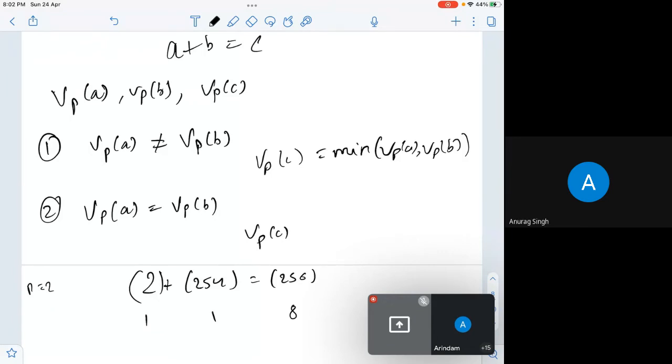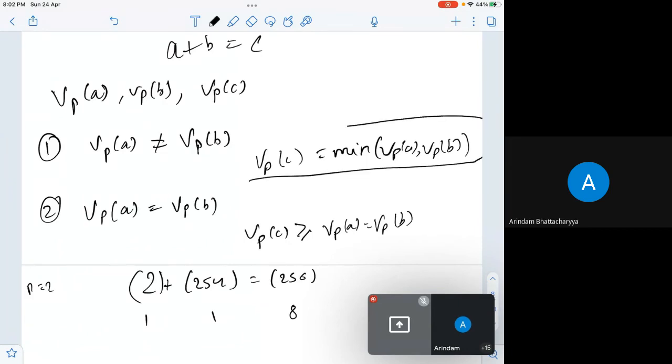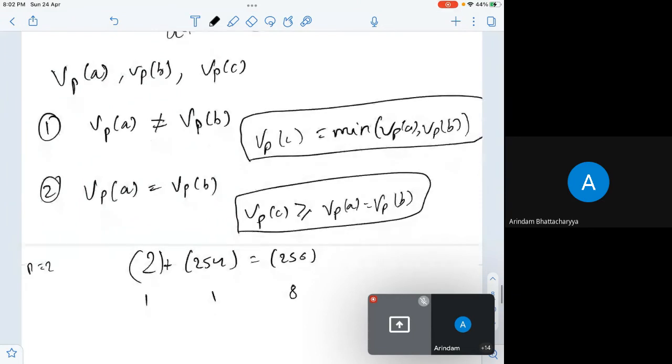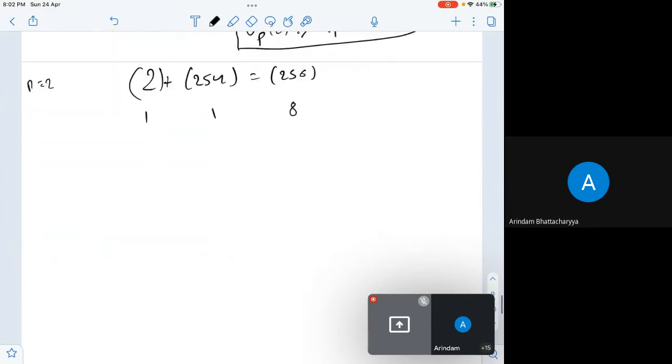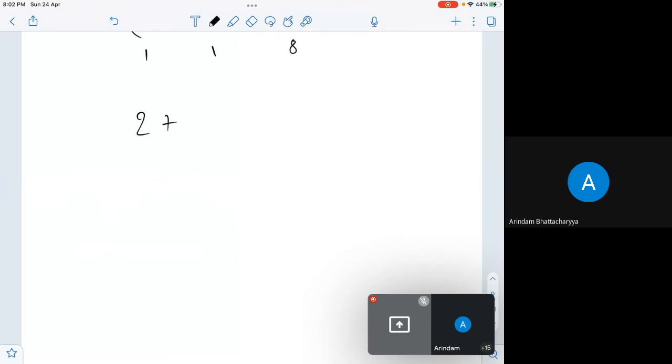Can you consider modular here? So all you can say is this is greater than or equal to. That's all you can say. Like here you can explicitly calculate what VP of C would be. Here this is all you can say. You cannot get an upper bound on VP of C. Because you see what happens: you have 2 plus, let's say, 2 power n minus 2.